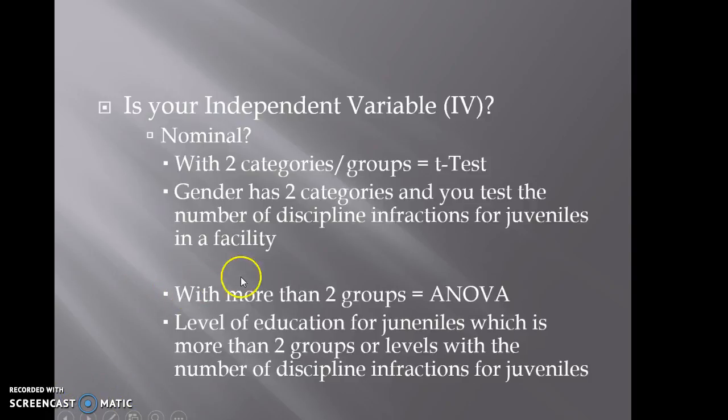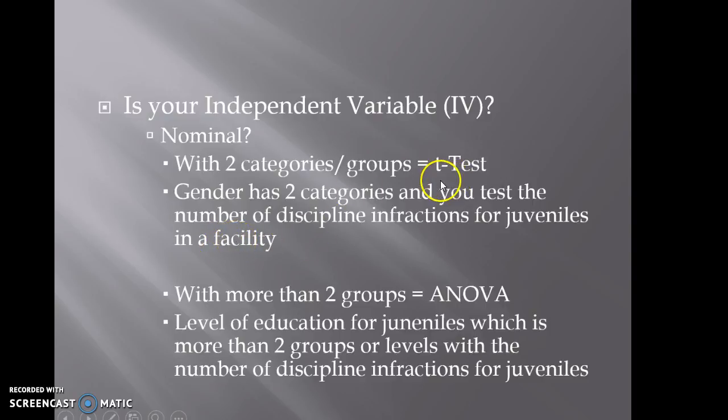Now, a little bit more detail. Is your independent variable nominal? If you determine that it is, and you have two categories, you would do a t-test. An example would be gender, which has two categories, and you decide to test the number of discipline infractions for juveniles in a specific facility.